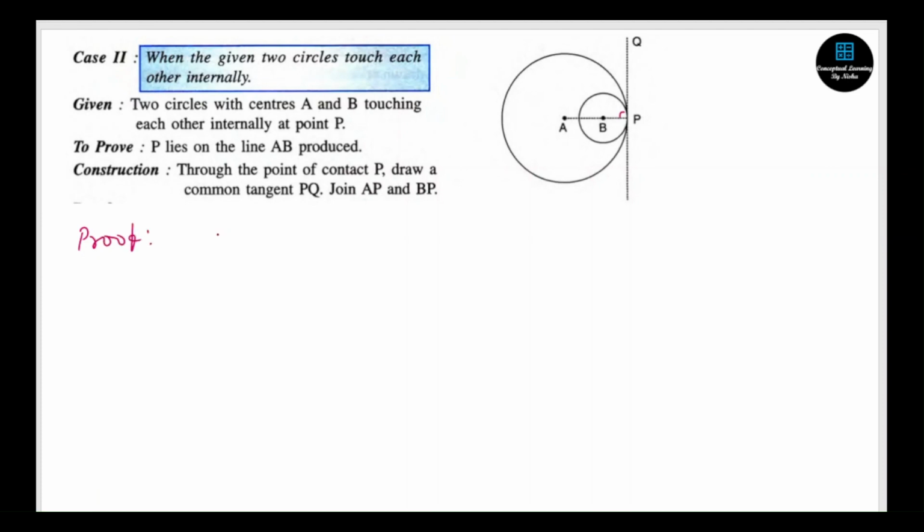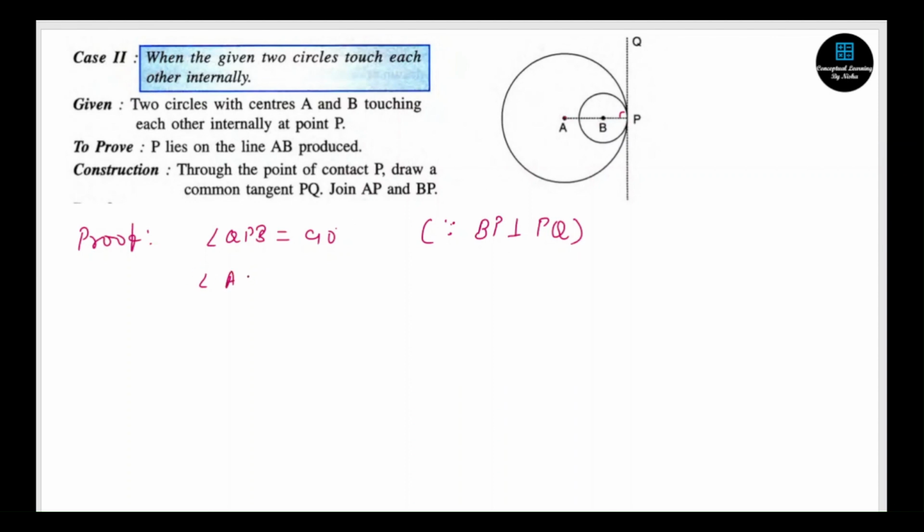Angle QPB is 90 degrees. Why? For the same reason as theorem 1: BP is perpendicular to the tangent PQ.